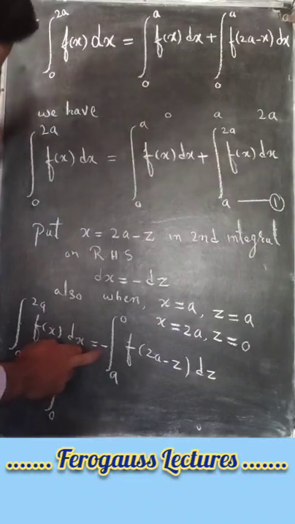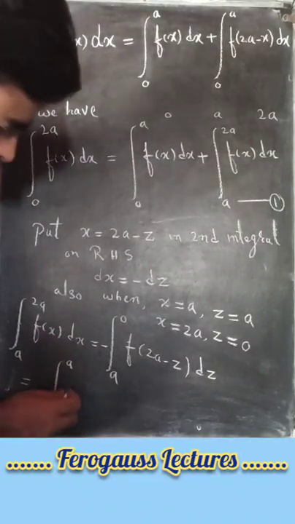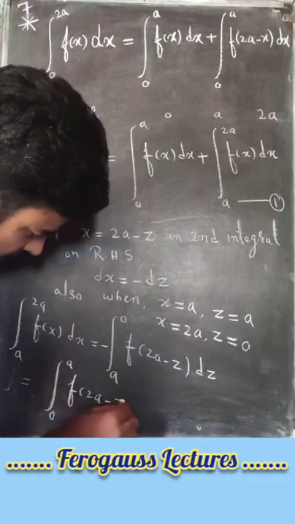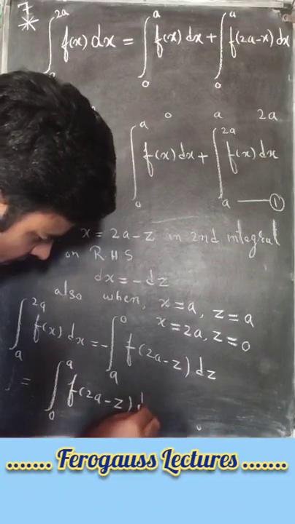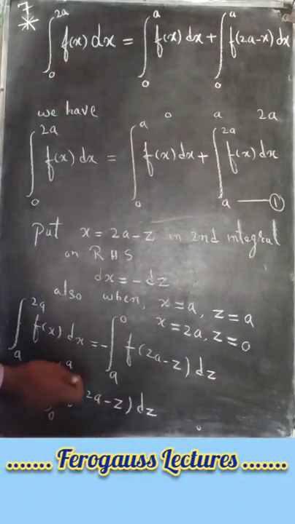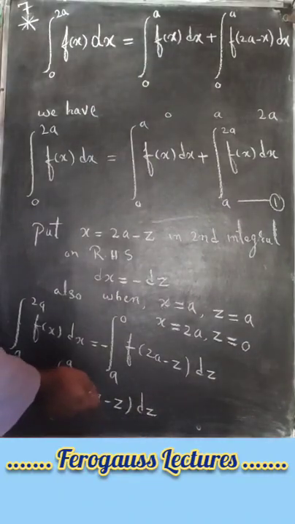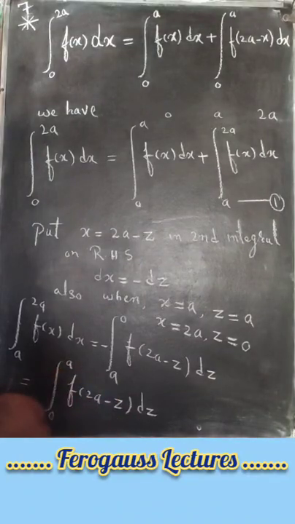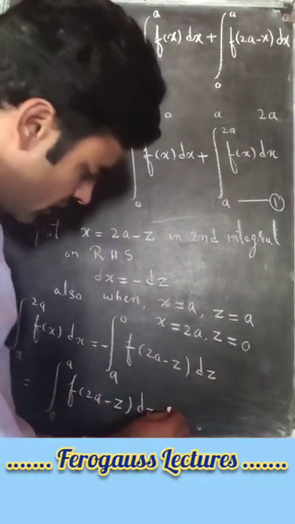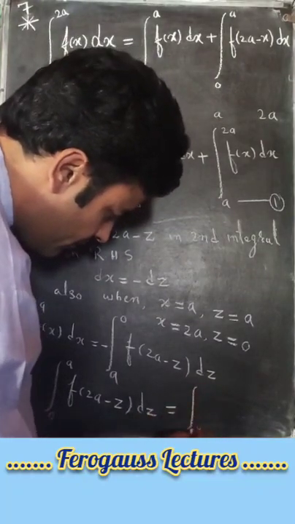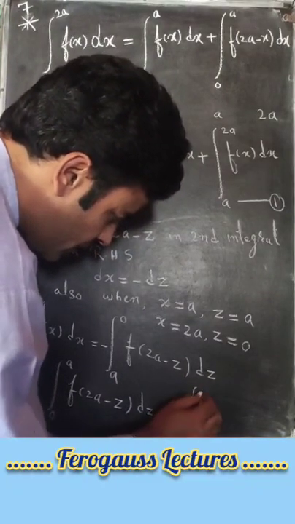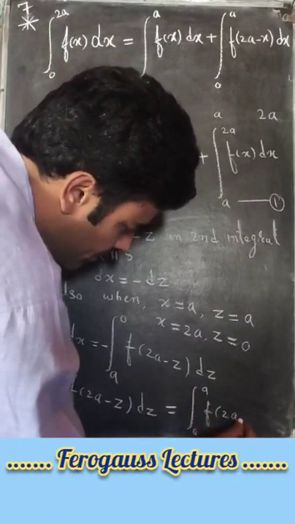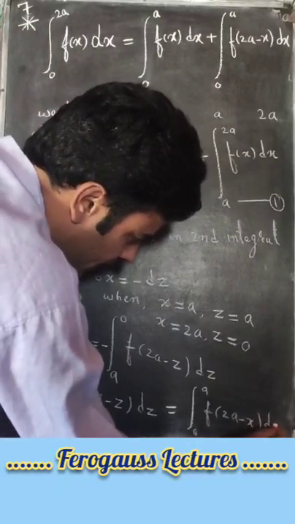So this minus sign gets changed into plus sign. Then we have f of 2a minus z dz. Also, in definite integrals, we can replace the variable z with any other variable. So here we replace it with variable x and we get integral 0 to a of f of 2a minus x dx.